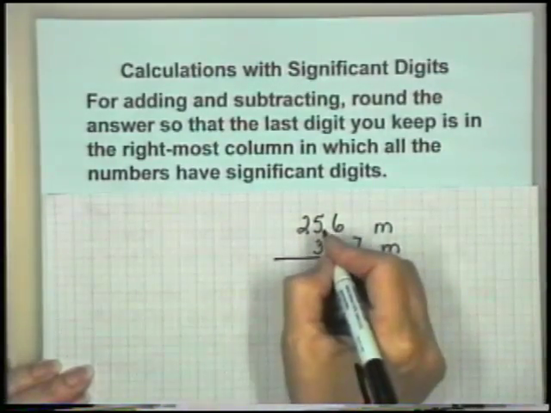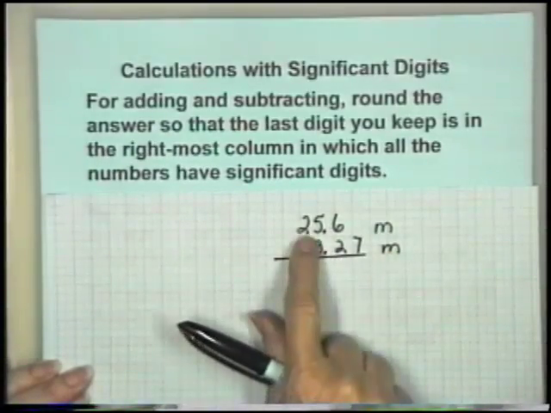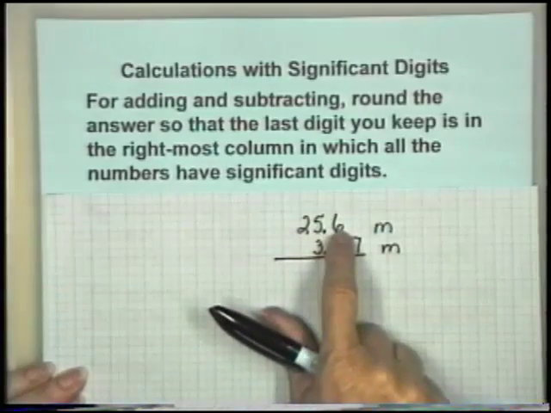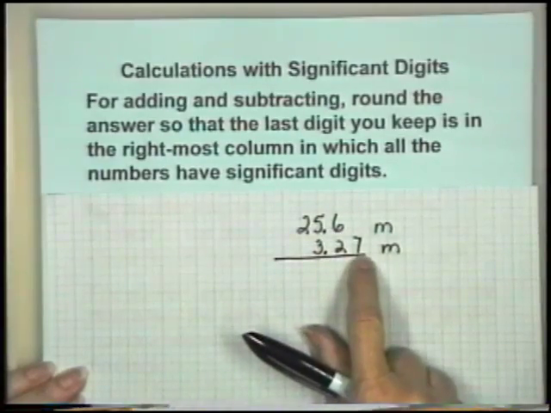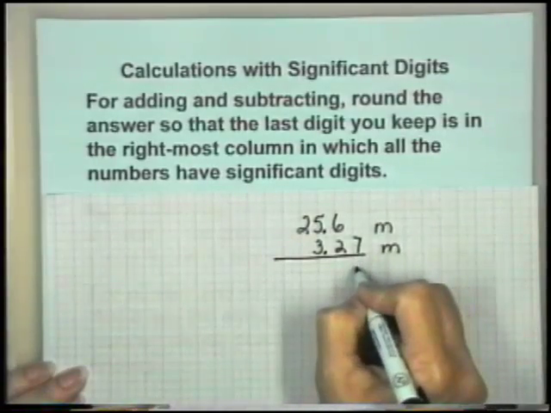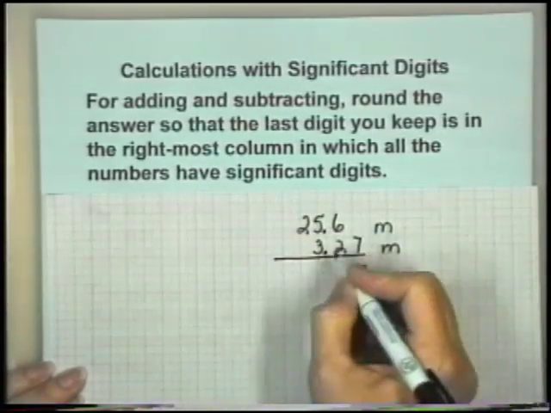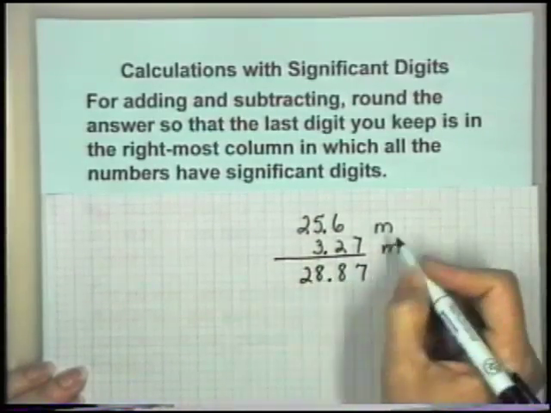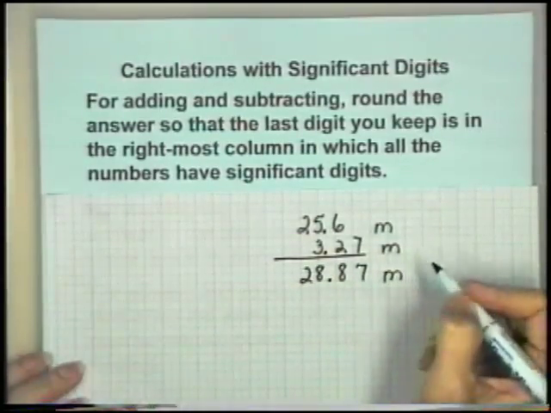Well, of course I know to add I have to line up the decimals. Now this first number is rounded to 3 significant digits, and so is the second number. But what my rule is telling me, first of all, go ahead and add. I have a 7, 8, 8, 2, and of course that would be meters.